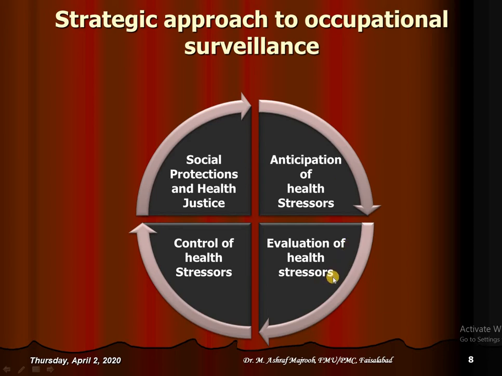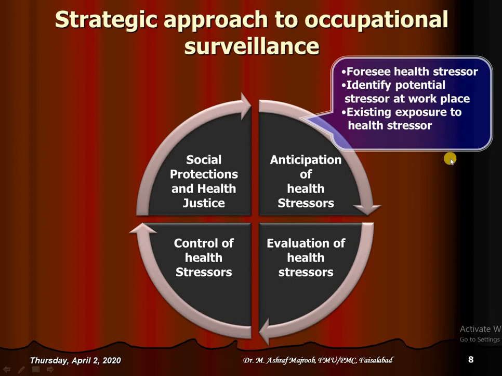We quantify the health stressors. Then control of health stressors is the third step, and in the fourth step, social protection and health justice is ensured.